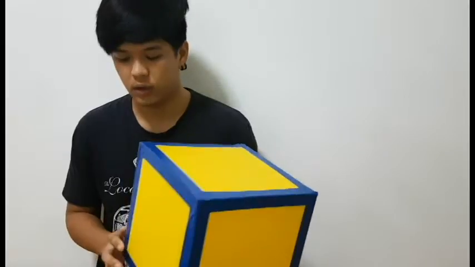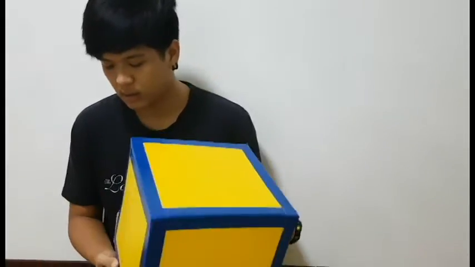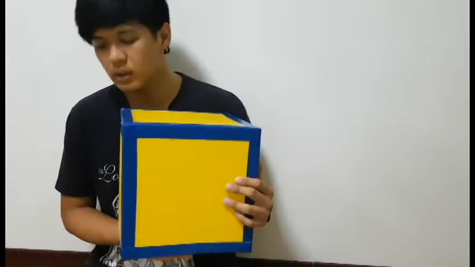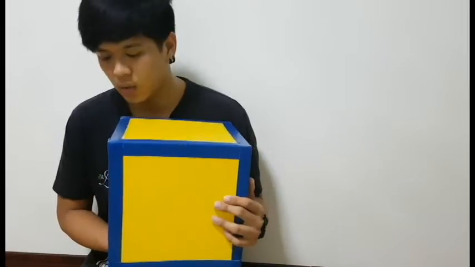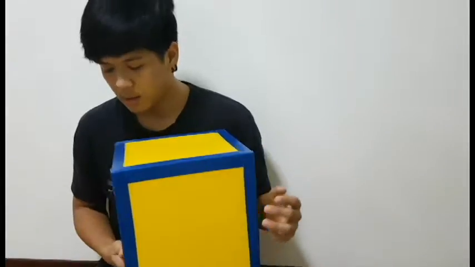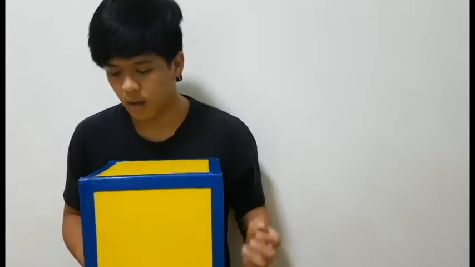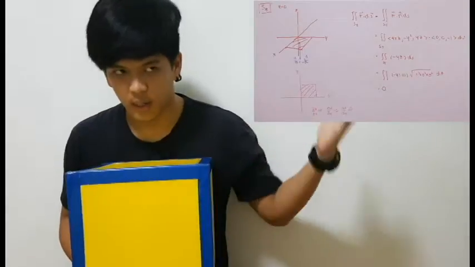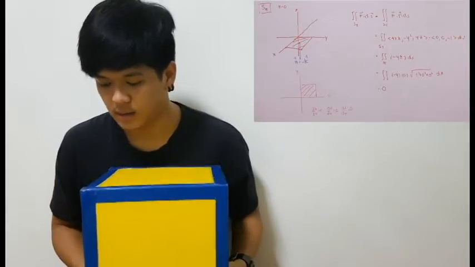Surface 5 is z equals 0. n equals minus k because it goes down, and the projection is on the yx plane. The equation looks like here, and the answer equals 0.